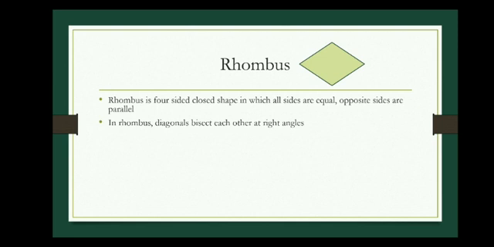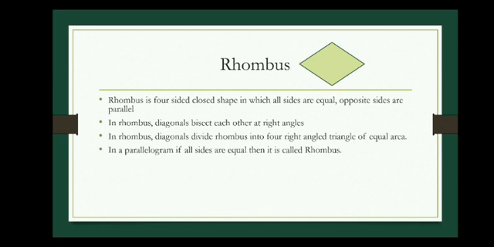In a rhombus, diagonals bisect each other at right angles. Diagonals divide the rhombus into four right angle triangles of equal area. And in a parallelogram, if all sides are equal, then it is called a rhombus.